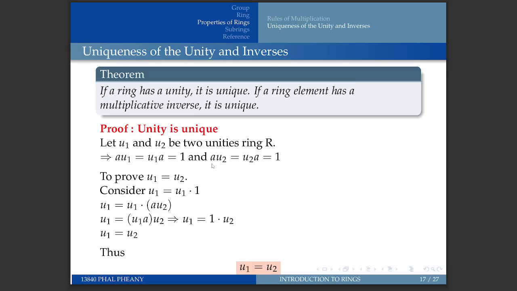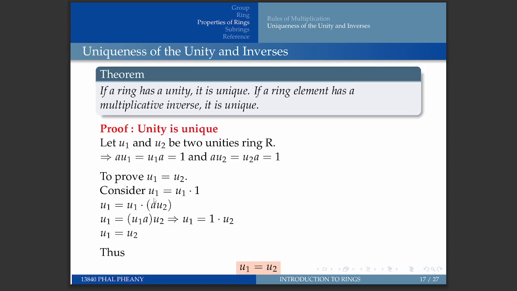And the second also the same: A times U2 equal to U2 times A equal to A. To get that unity is unique, we have to prove that both U1 and U2 are the same. So we need to prove U1 equal to U2.